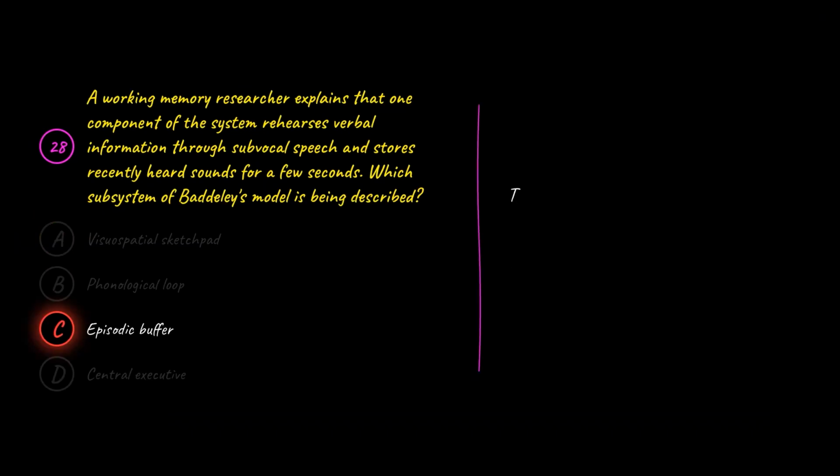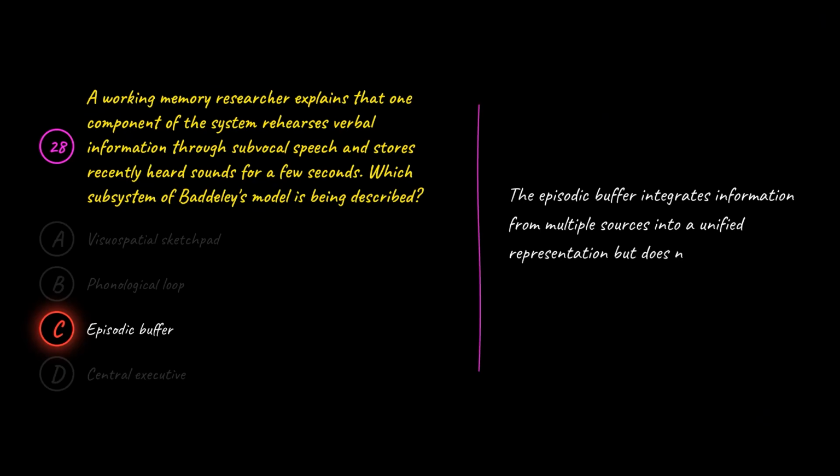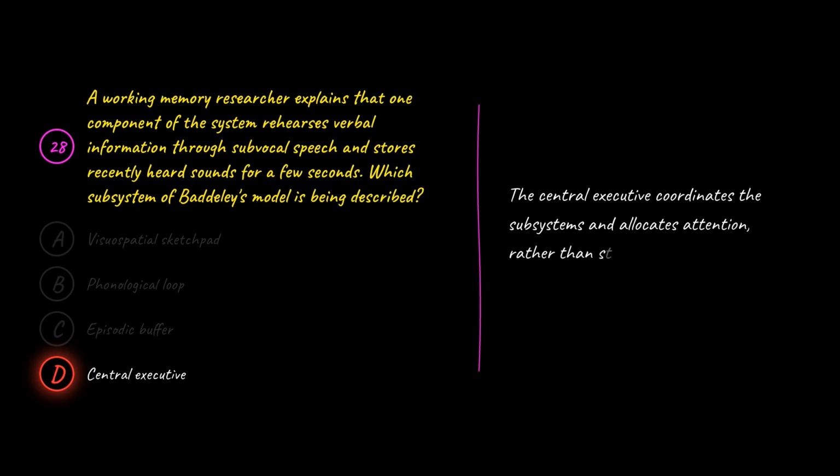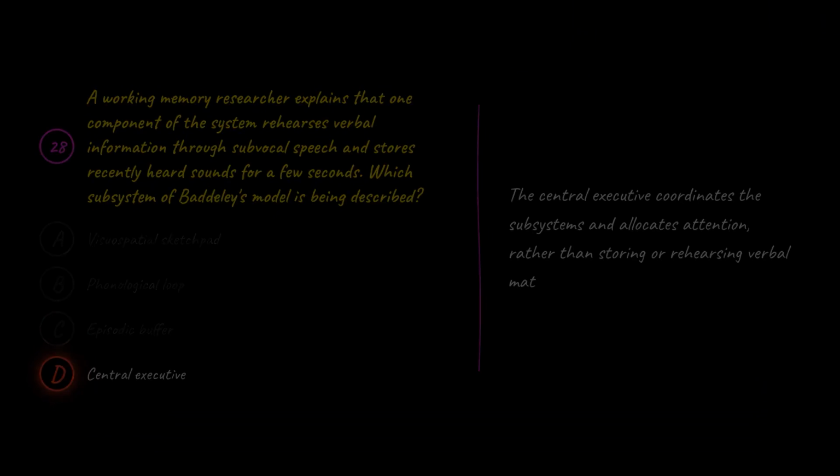C is wrong because the episodic buffer integrates information from multiple sources into a unified representation, but does not specialize in subvocal verbal rehearsal. D is wrong because the central executive coordinates the subsystems and allocates attention, rather than storing or rehearsing verbal material itself.